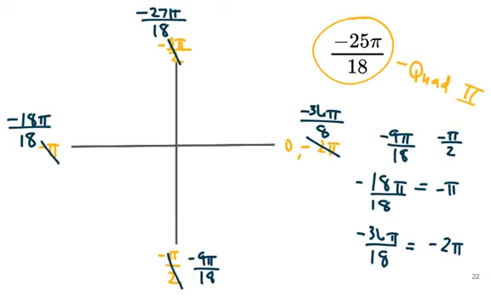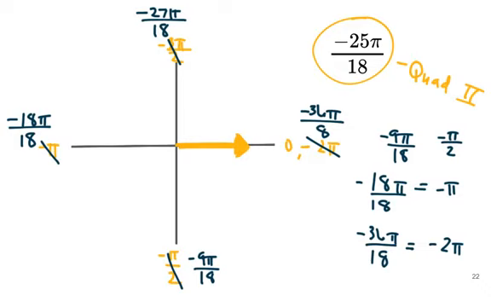Okay, so now we've seen it's going to be there, and we have to determine, between negative 18 and negative 27, well, clearly it's going to be a lot closer to negative 27, right? Negative 25 is much closer to negative 27 than it is to negative 18. So we're going to start with our terminal side on the positive x-axis.